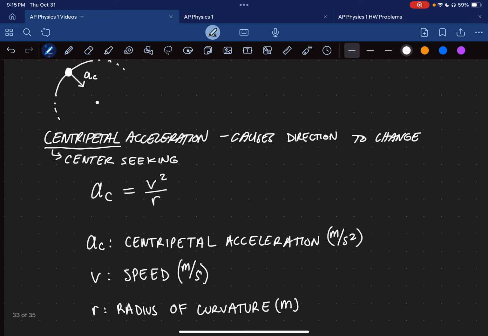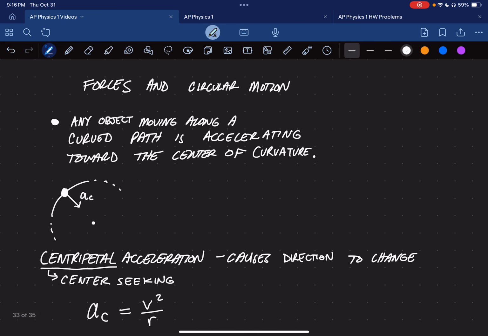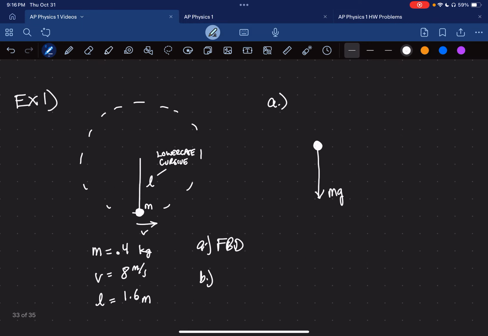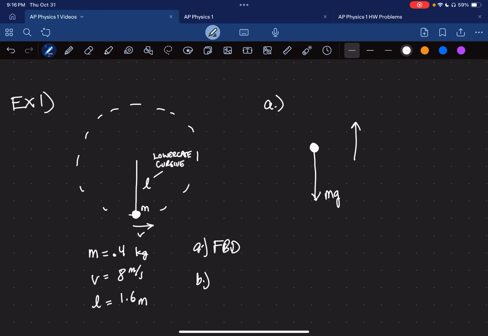Well, you can go back up here and see that any object moving along a curved path is accelerating, and it's accelerating towards the center of curvature. So, from this location, the ball has a centripetal acceleration that's pointing towards the center of this circle. And so it must have a centripetal acceleration pointed up.